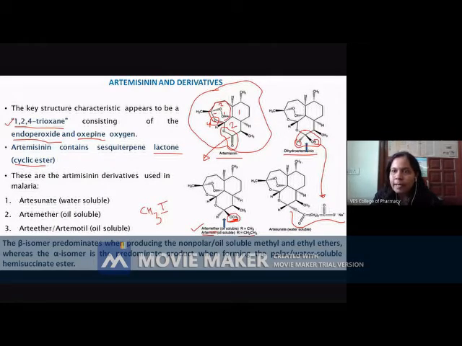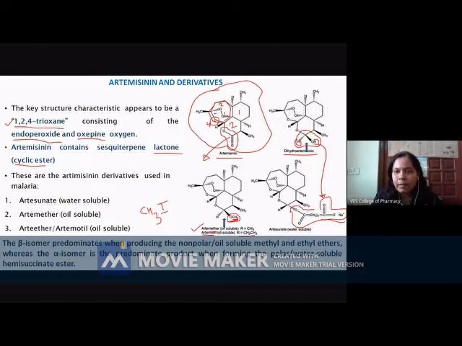So when you take dihydroartemisinin and treat it with succinic acid, you get a hemisuccinate ester. What I mean by hemisuccinate ester is that out of the two carboxylic acid groups present in succinic acid, only one carboxylic acid is actually becoming part of the ester. The other part is free, it is basically COOH.